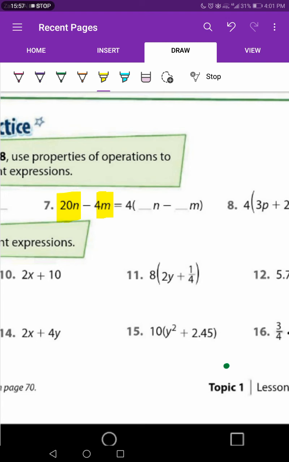Now 20 divided by 4, we have 4 times 5, and here we have 4 times 1. The common is 4. He takes the 4 outside. What is the rest? Cancel this and cancel this. The rest is 5n, and regarding this, what is the rest? 1m.